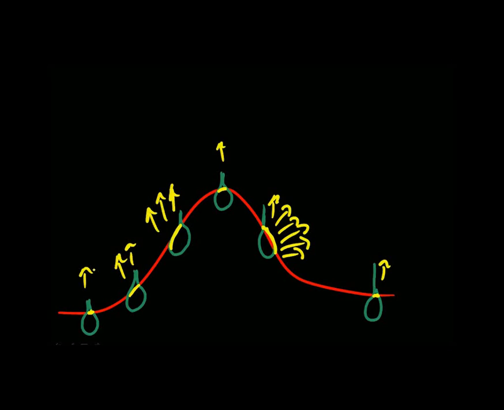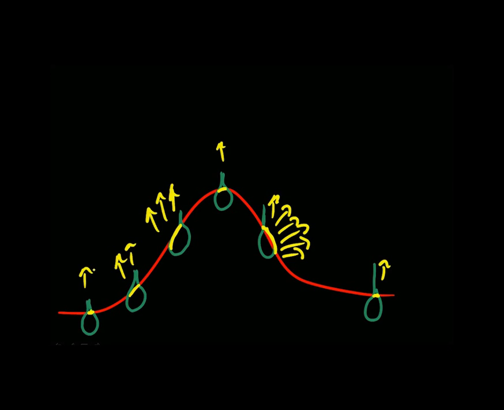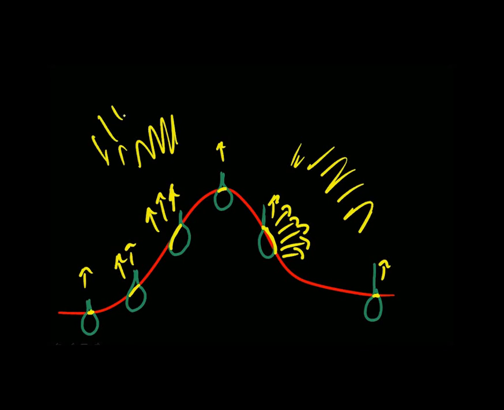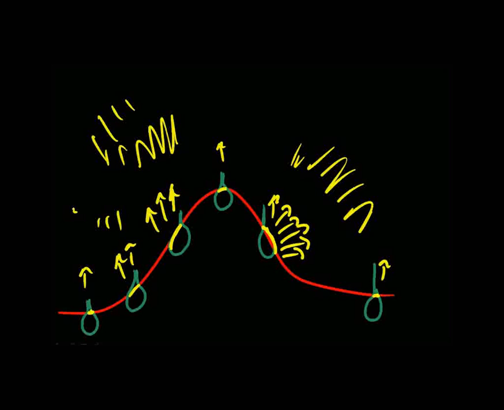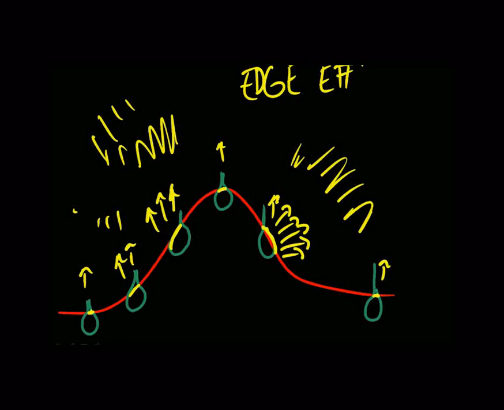Okay? So what that means is, if you were to look at an SEM image of secondary electrons, the brighter areas would represent the edges of our sample, and the darker areas would be more planar regions of our sample. So this gives us topography, and this is known as the edge effect.